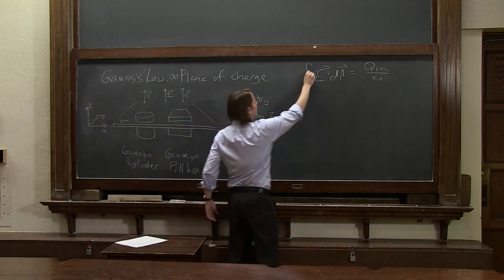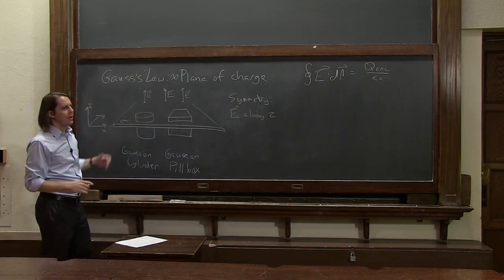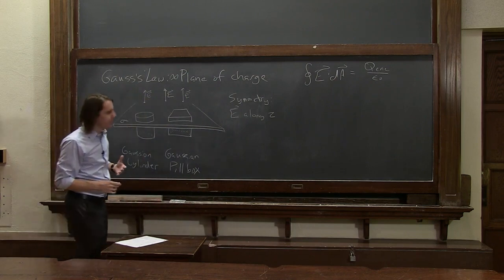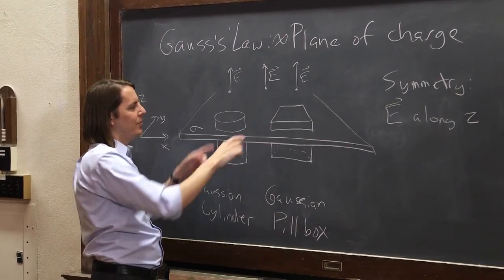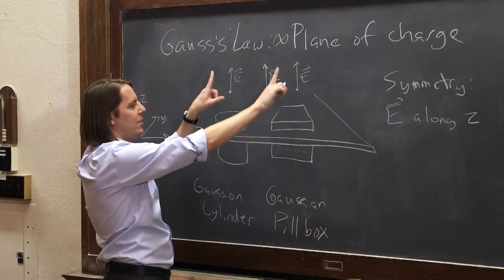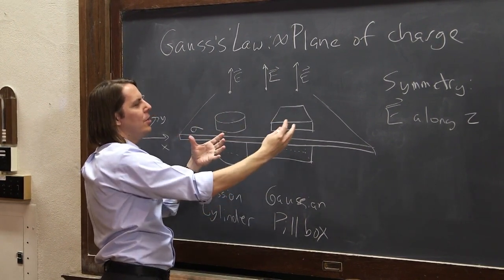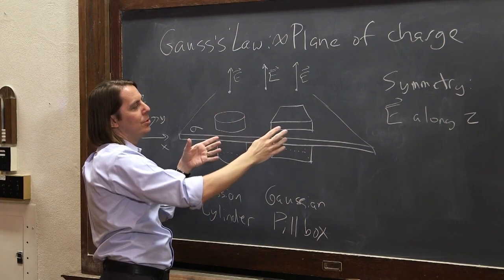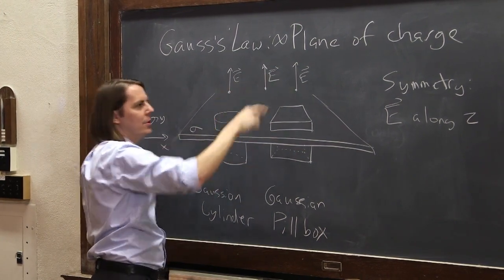So when we have the integral around a closed surface, the way we do the integral is we break it up into the individual surfaces. Each one of these actually has sort of 3 kinds of surfaces. They have a top that has its area vector in one direction, a bottom that has it in the opposite direction, and sides, which in terms of Gauss's law are equivalent, because the sides all have area vectors that point perpendicular to the E field.